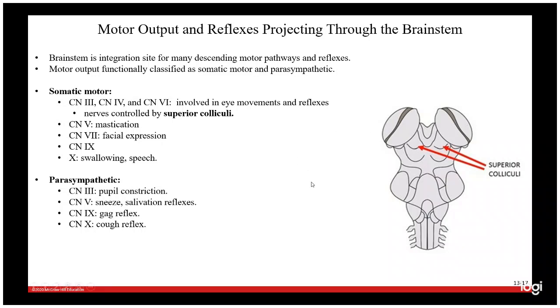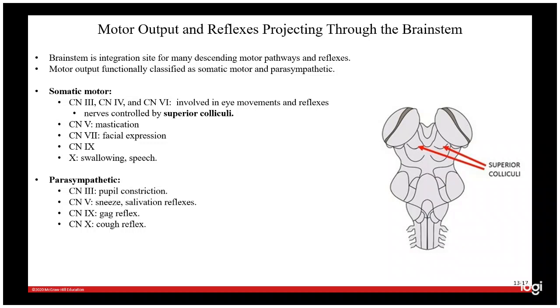All right, so with this in particular, I want you to know the first two bullets. The brainstem is where all of these different motor pathways and reflexes, it's where all this information comes together. Do I need you to memorize which cranial nerve goes with which thing? Not specifically. I need you to know what is part of the somatic system.